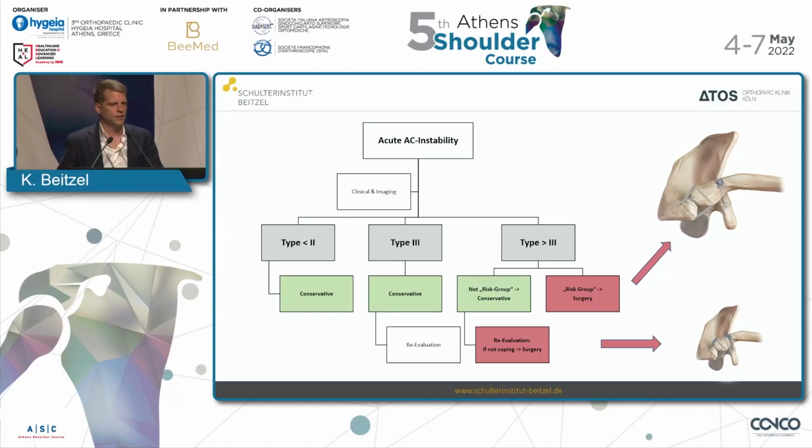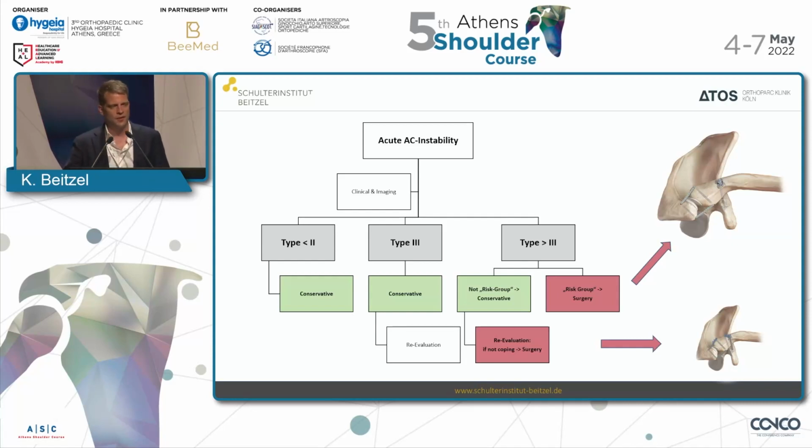Type 1 and type 3 is absolutely conservative treatment for me. In a type 4, type 5, where I see the more than 100% distance, they have also a chance for conservative treatment. I try to look at the patient. I try to do a little bit of risk stratification and talk to the patient.